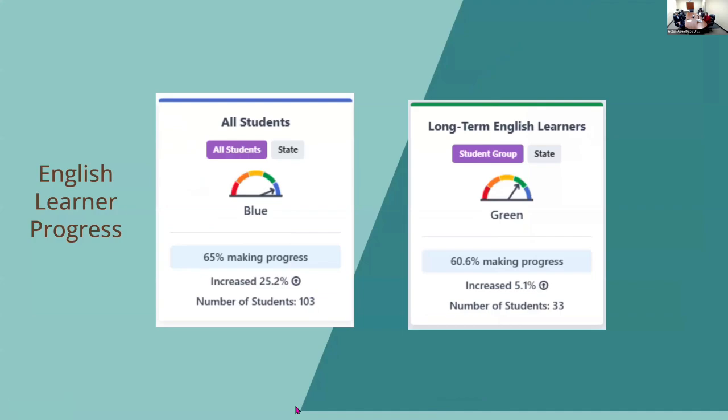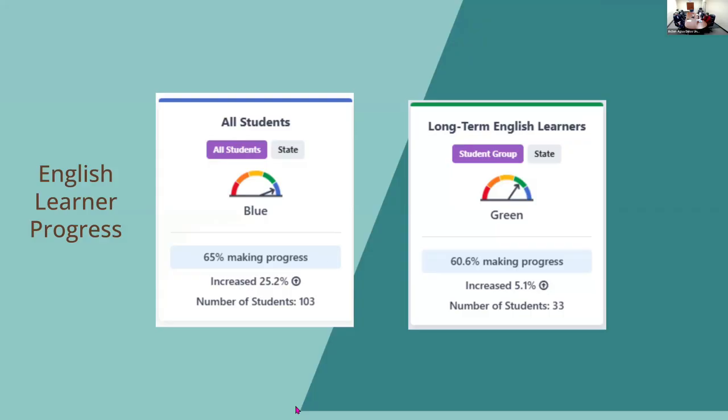I talked a little bit earlier about our English learner progress. All students are in the blue. It doesn't show up on the grid that way because the grid is about growth across those numbers and that scale. But our English learners had an increase of 25%, so 65% of our students are making progress.